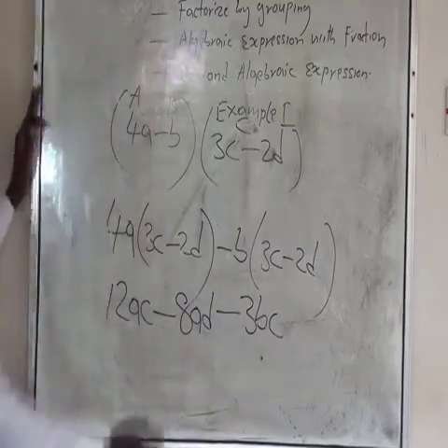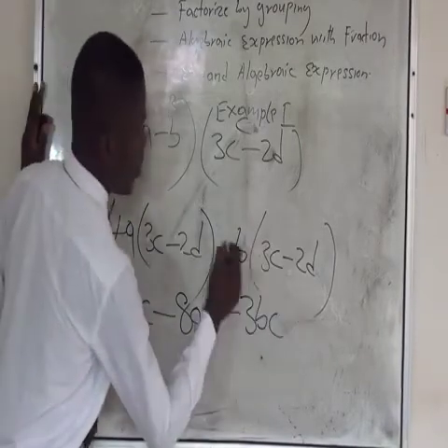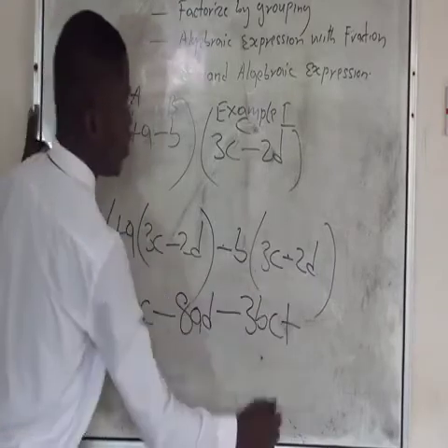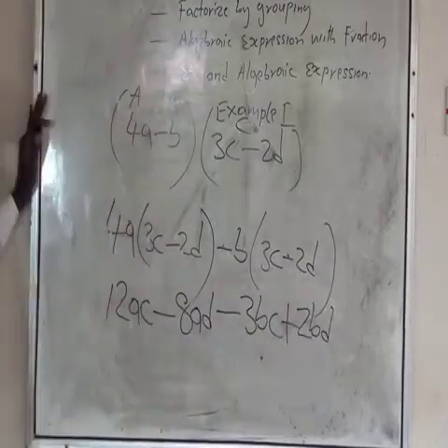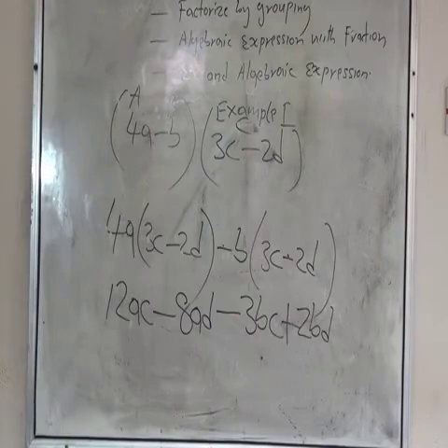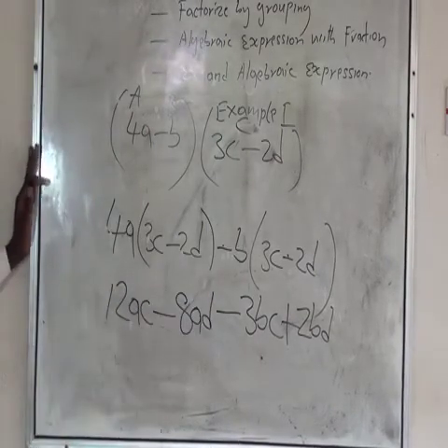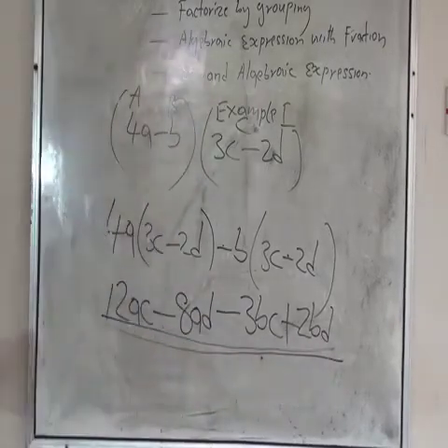Please note, minus times minus is plus. Then minus b times minus 2d here is plus, b times 2d will give me 2bd. As you can see, there is none that are alike. We cannot add or subtract, so this is our final answer.